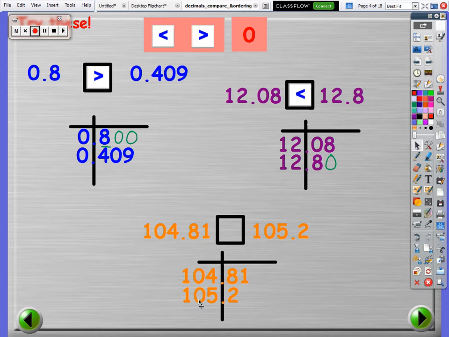Add my zeros. Okay, 1, 0, 5. So that means 104 and 81 hundredths is less than 105 and 2 tenths.